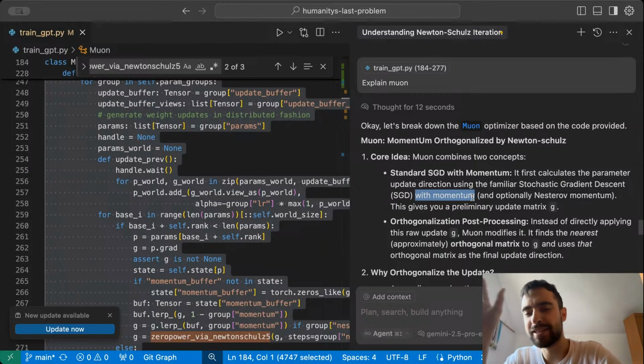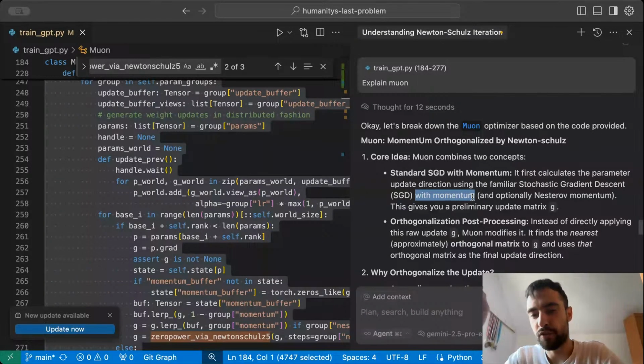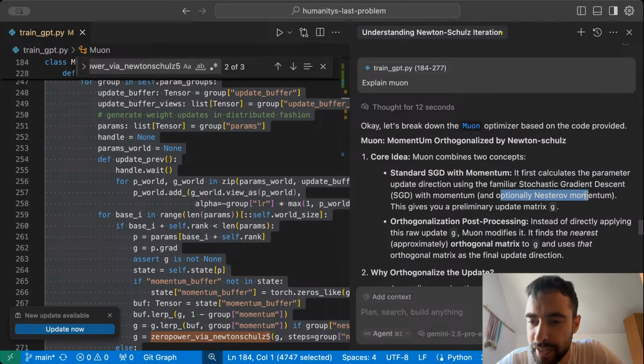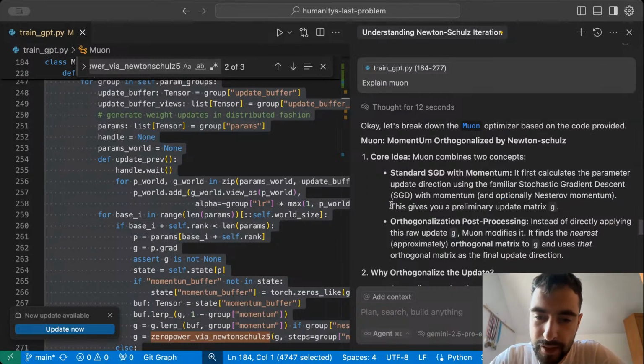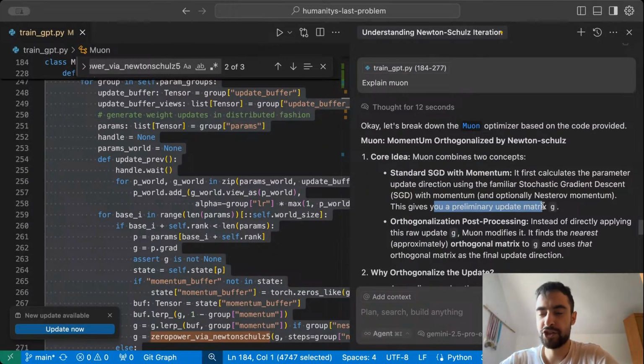So it's going to keep track of where the gradient in each step is pointing towards, and the length and the size of the gradient. And optionally Nesterov momentum. I don't know what Nesterov is. Let's not look into this now. This gives you a preliminary update matrix G. Okay.